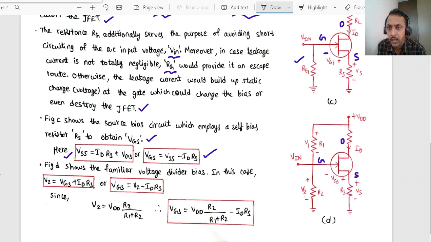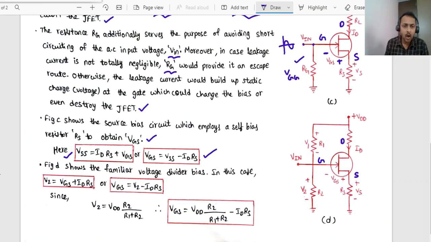Minus is important. Here the source terminal is positive. Whatever voltage you measure at the gate with respect to the ground will be VGG. And here you can apply some input voltage, whatever waveforms you use, across the input terminal.